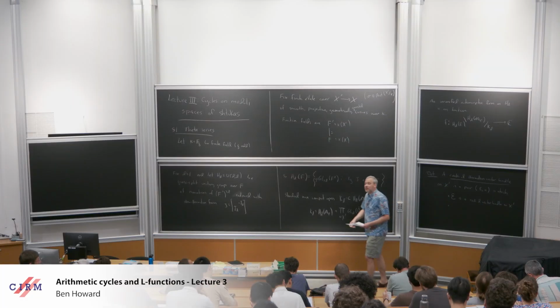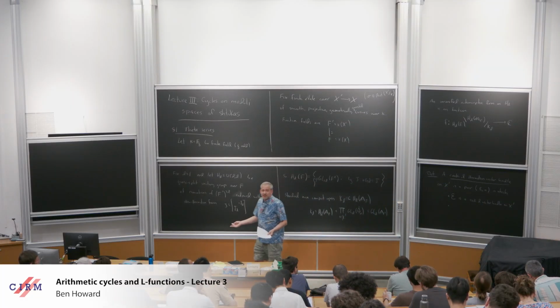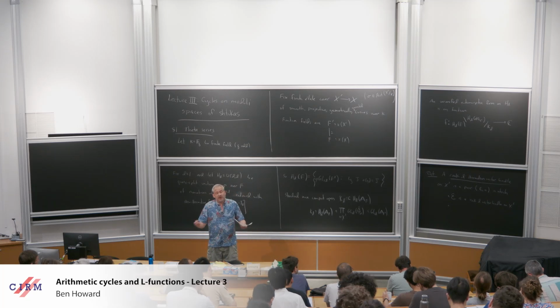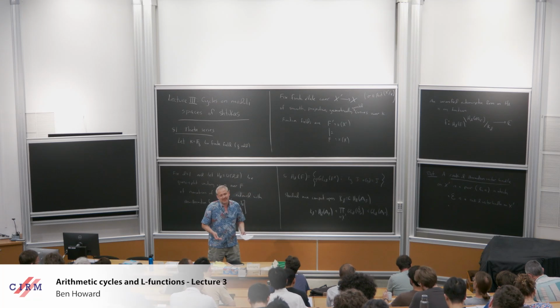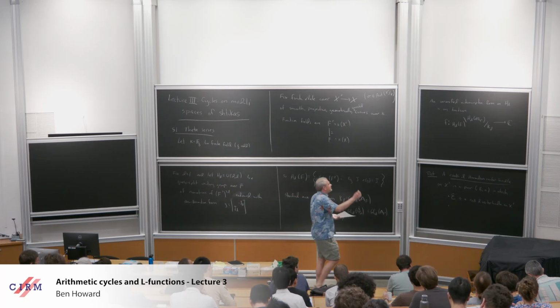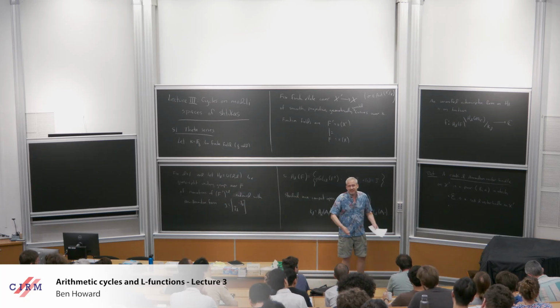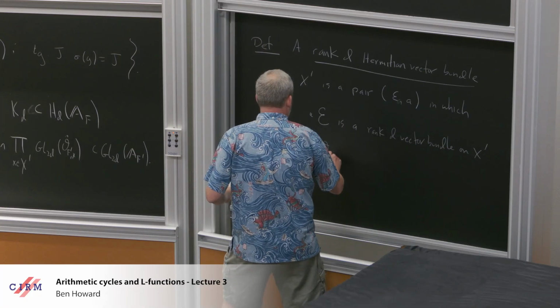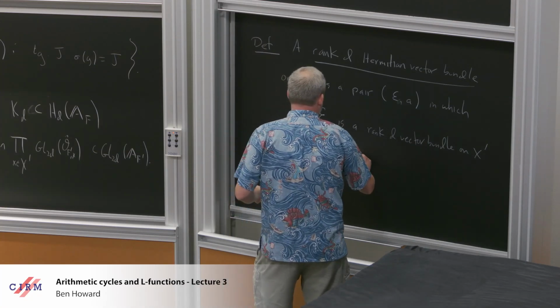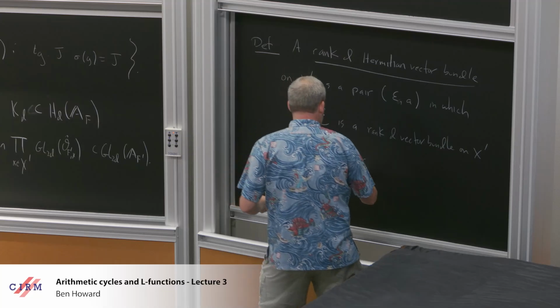And what is this A? Well, A is a Hermitian pairing on this vector bundle, but I want to allow the pairing to be very much degenerate. I mean, we have Fourier coefficients that were indexed by matrices T, but we allowed singular T. T could be 0. So I want my Hermitian form to be an O_{X'}-linear map A.